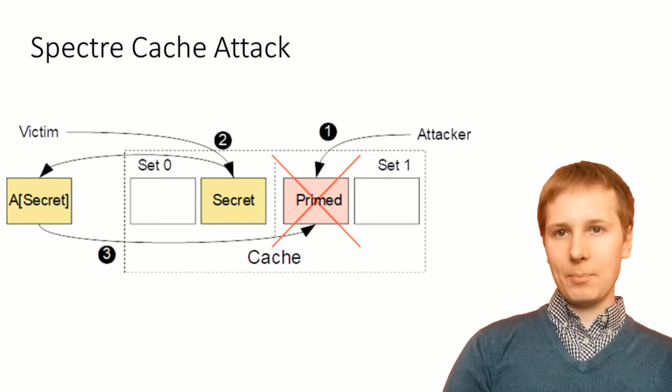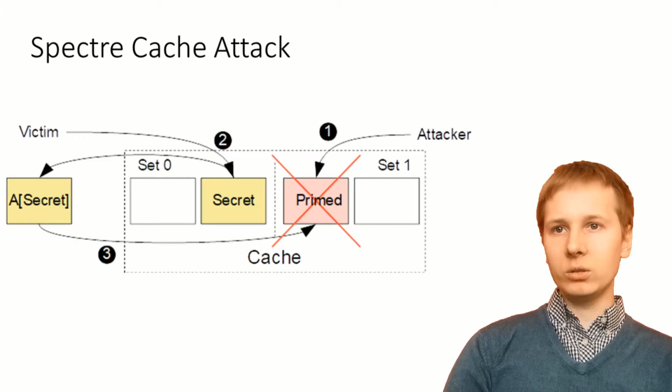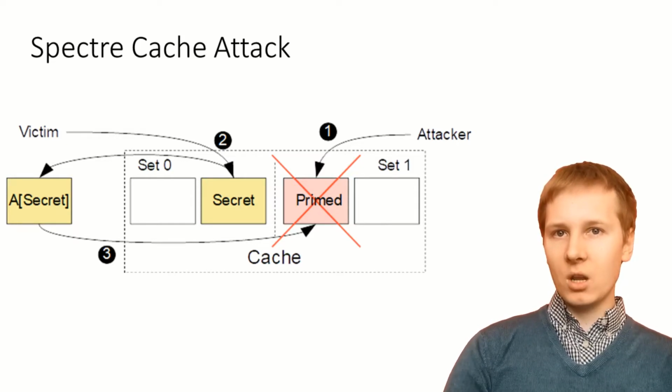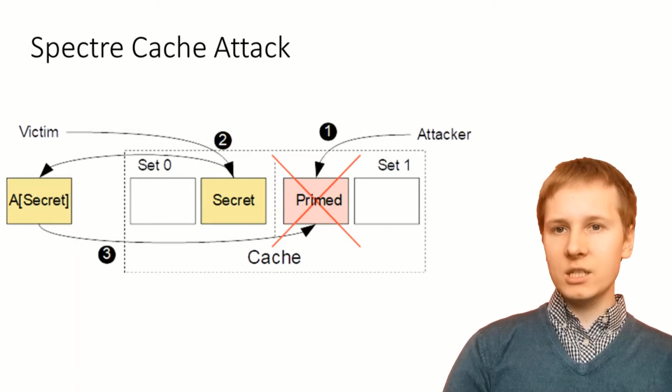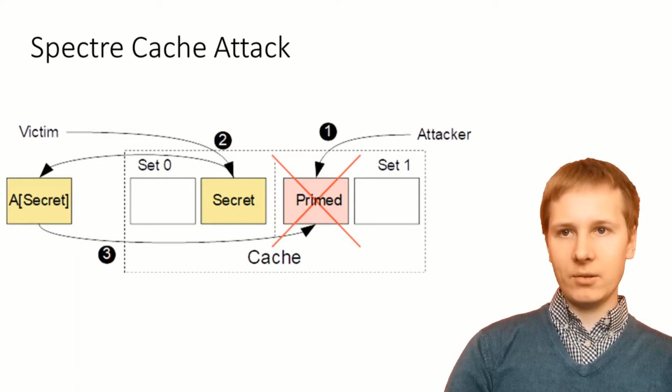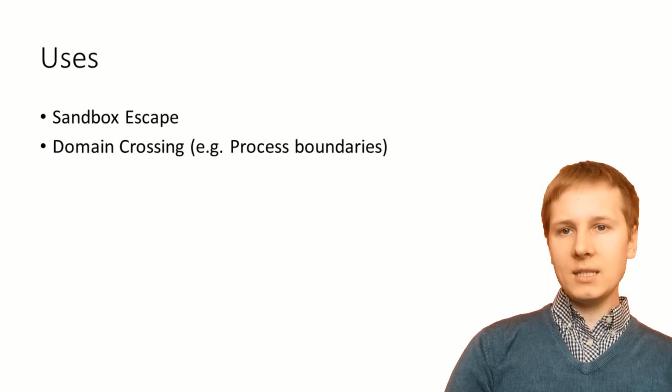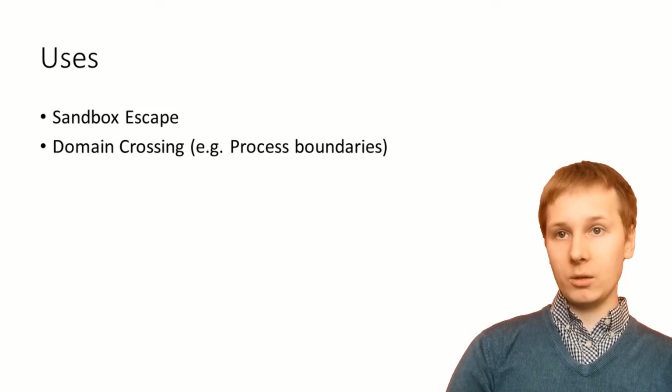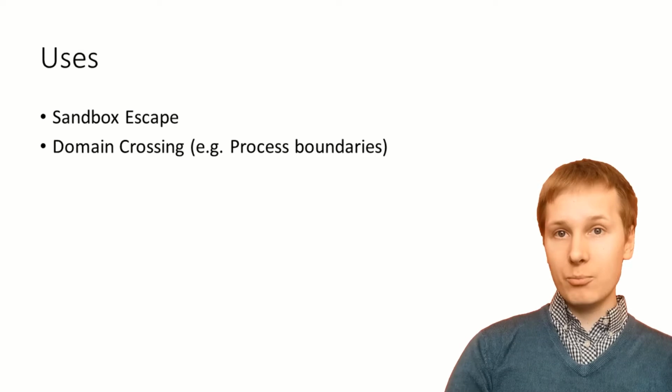This is just one example of such an attack. The fundamental property is that state can be altered speculatively based on a speculatively loaded secret, resulting in a side channel to discover that speculatively loaded secret. These attacks are useful primarily in two scenarios. The first is to allow an attacker to escape from a sandbox region in a processor's address space, such as JavaScript in a browser.